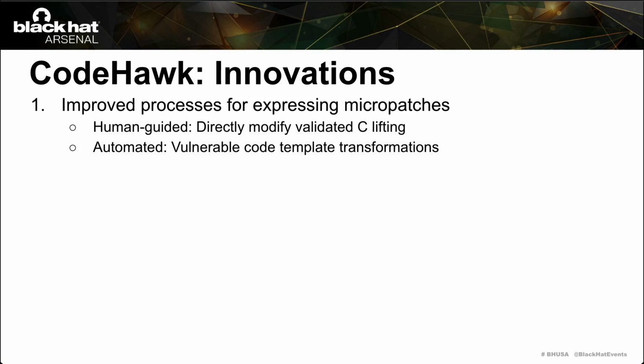We have a human-guided workflow, that's the one we're focused on today, where we enable a user to directly modify C code to express the changes, where the C language has a formal specification, one in which we've encoded our analysis, and we have these great analyses that work on C code, as you'll see. Although we won't cover it today, we also support the definition of templates that find candidates automatically for transformation. These are like insecure coding practices, and then we can patch those insecure coding practices automatically to close a vulnerability.